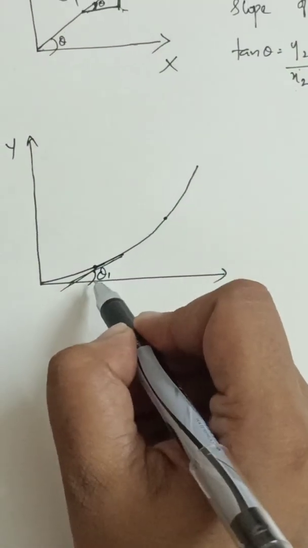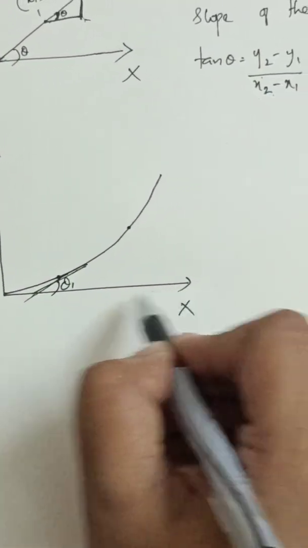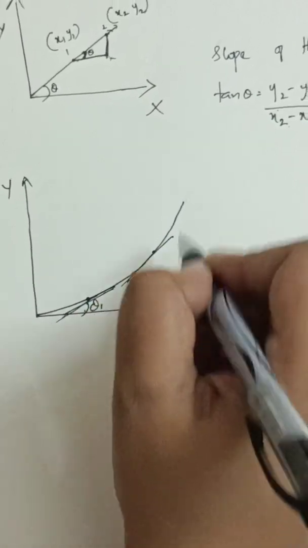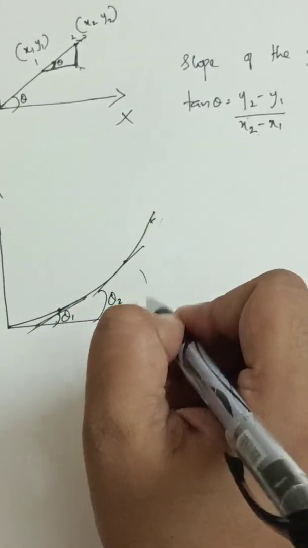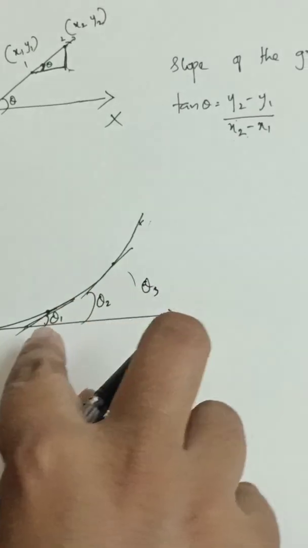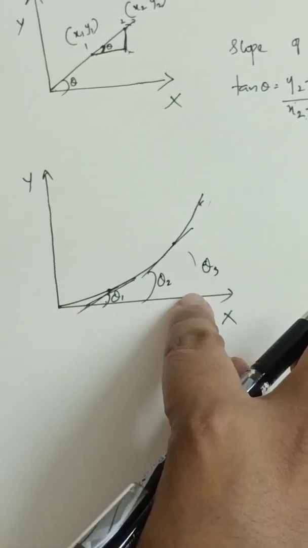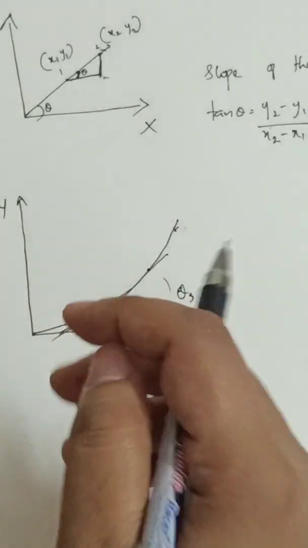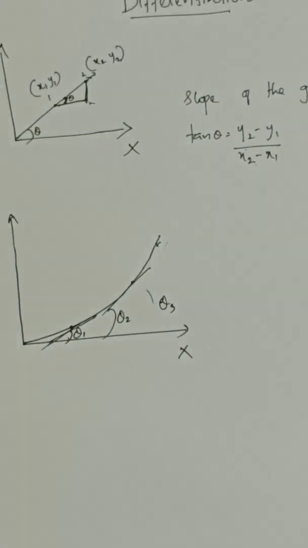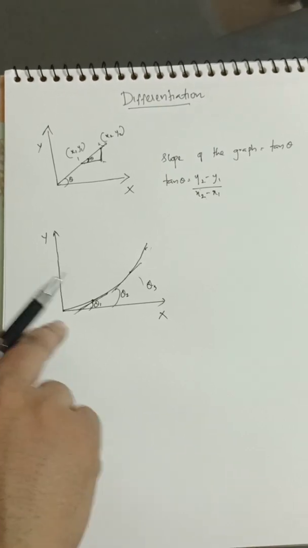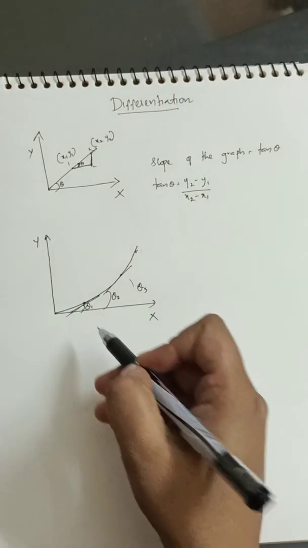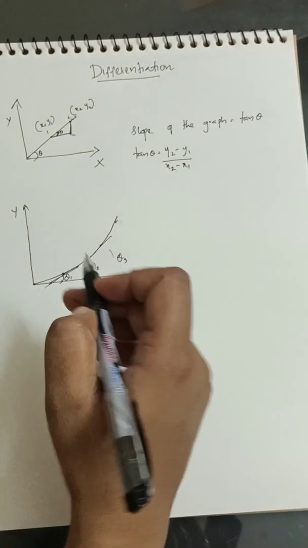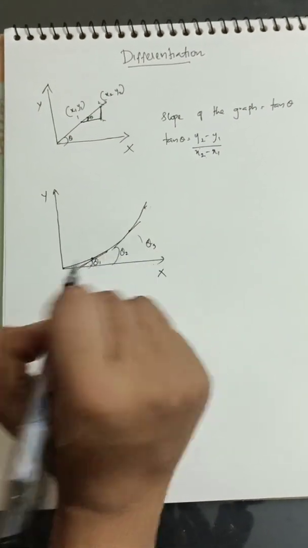The tangent makes angle theta 1 with the x-axis, and here it will be theta 2, and at this point it will be theta 3. That means angles are varying. Angles are changing, that means slopes are also changing. According to the formula tan theta, slopes are also changing. So how do you find the slope of this curve?